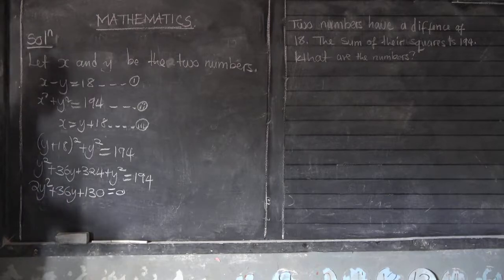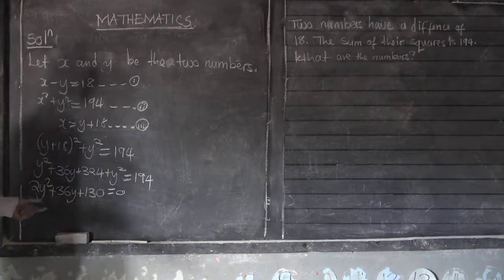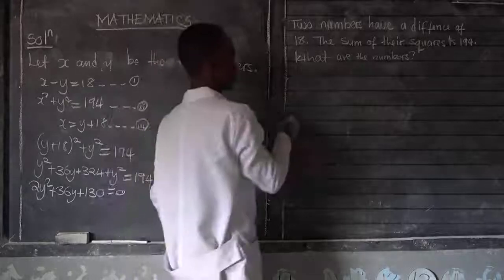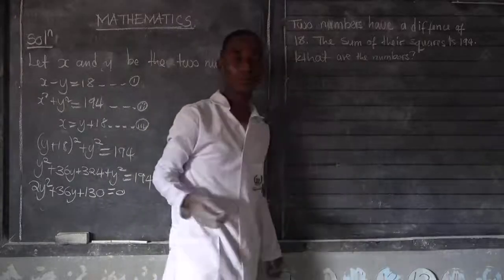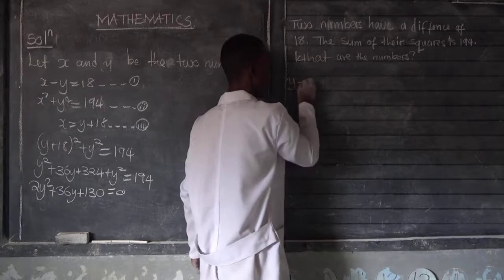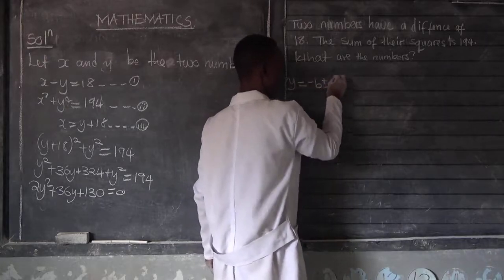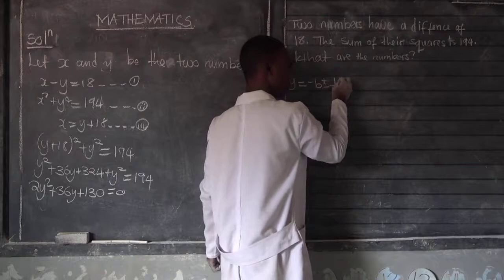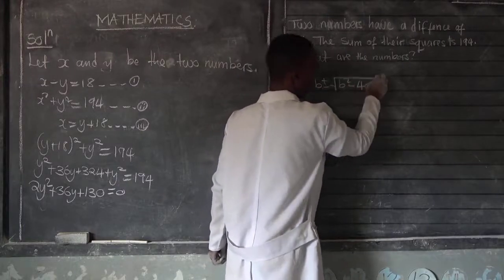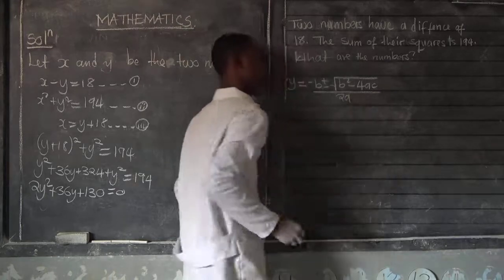From here, we can choose any method of our choice to solve this. For me, I'll choose the quadratic formula, this time in terms of y. So y is equal to negative b plus or minus the square root of b squared minus 4ac, over 2a.